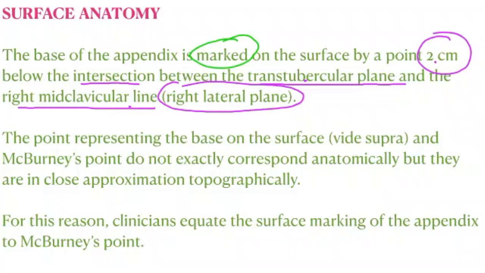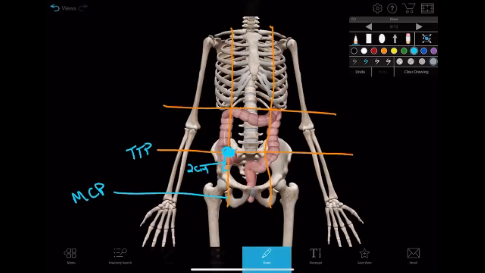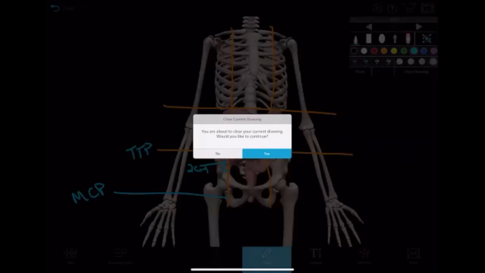The point representing the base on the surface and McBurney's point do not exactly correspond anatomically, but they are in close approximation topographically. For this reason, clinicians equate the surface marking of the appendix to McBurney's point. You have already learned about McBurney's point, right? Let me draw.